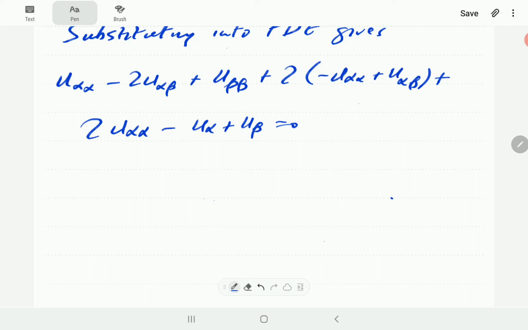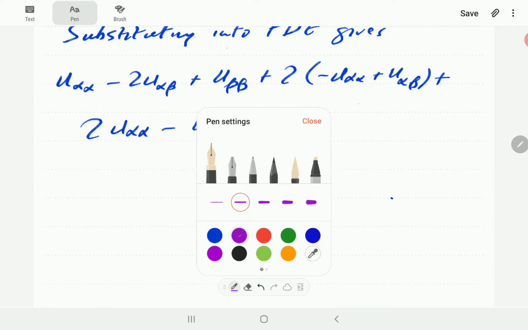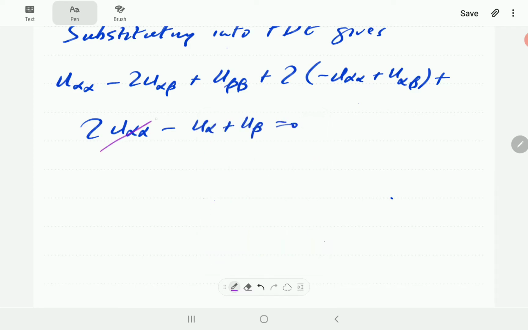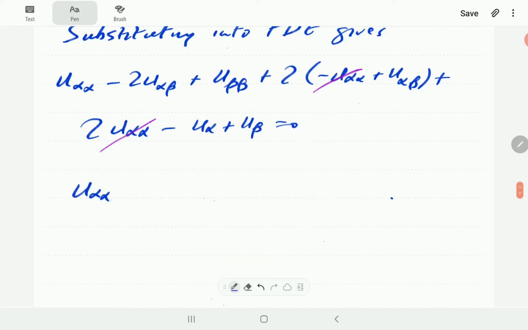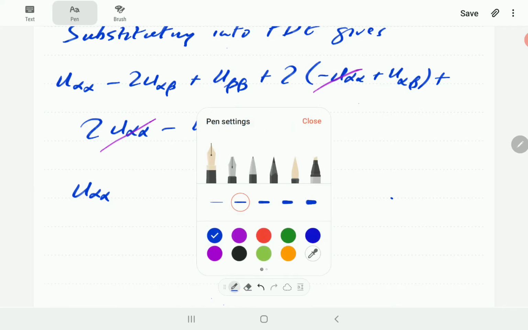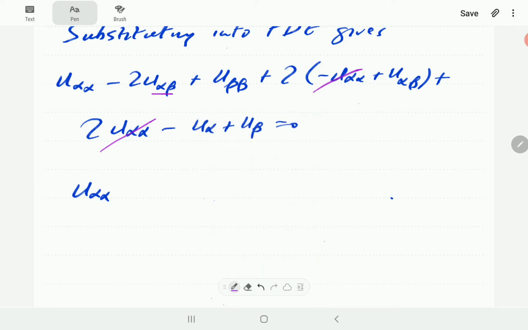Okay, so it's minus 2 of them here plus 2, so these two cancel out, but this one remains. So what's going to happen, these two cancel out, that one remains, so we still do have u alpha alpha. And then the alpha beta terms, we have minus 2 of them here, plus 2 of them here, so those ones cancel out.